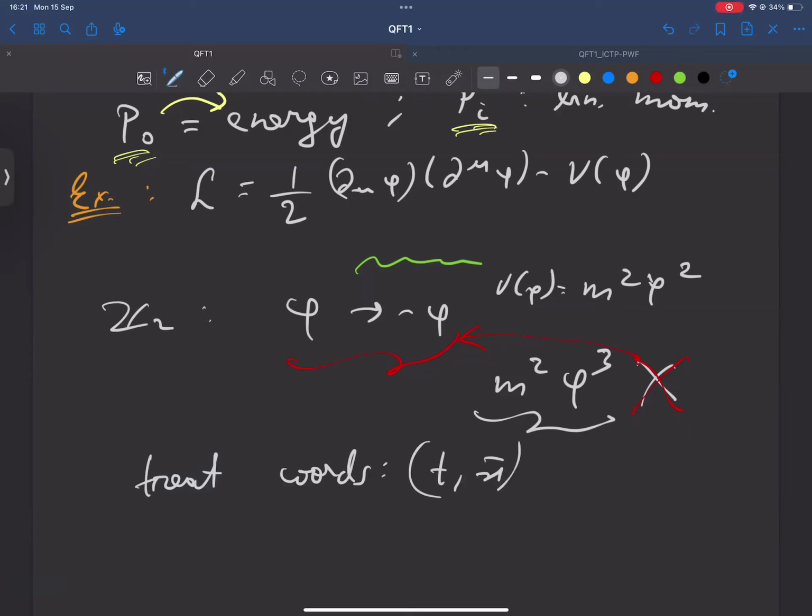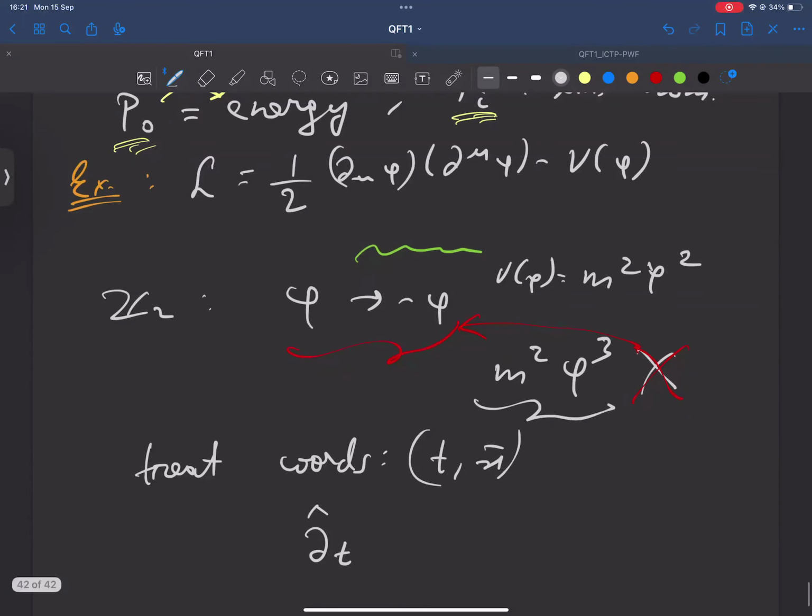None of them are operators, and we are treating all of them on the same footing. Another way we could have done it was, because in the Schrodinger equation you have an operator with a derivative with respect to time, we could have also looked at the space coordinates as operators, but that turns out to be a bit difficult. So that's why we decided to demote even time to the status of a coordinate, not an operator.